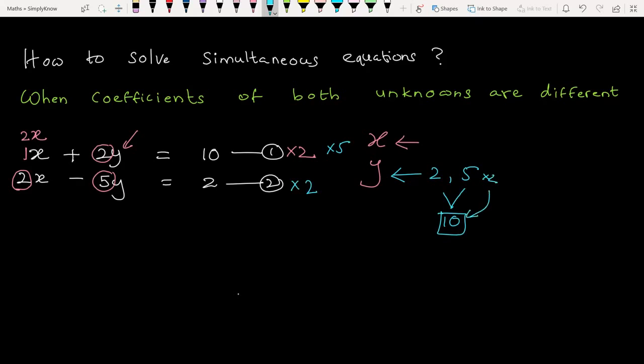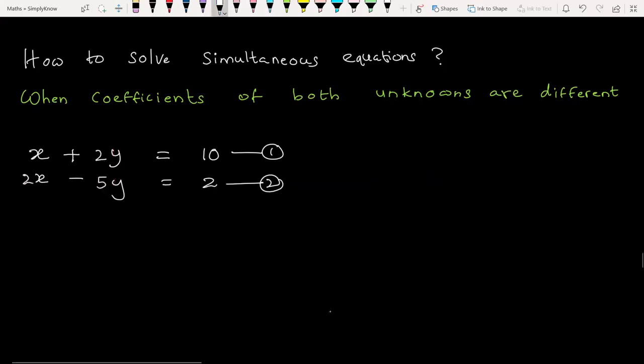Anyhow, this takes time, right? So remember to select the unknown whose coefficients you can easily make the same. So I'm going to equate the coefficients of x. Now what I do is multiply the first equation by 2.